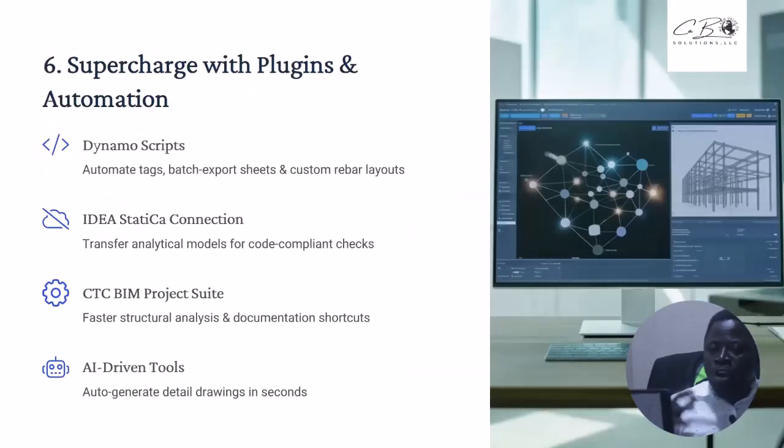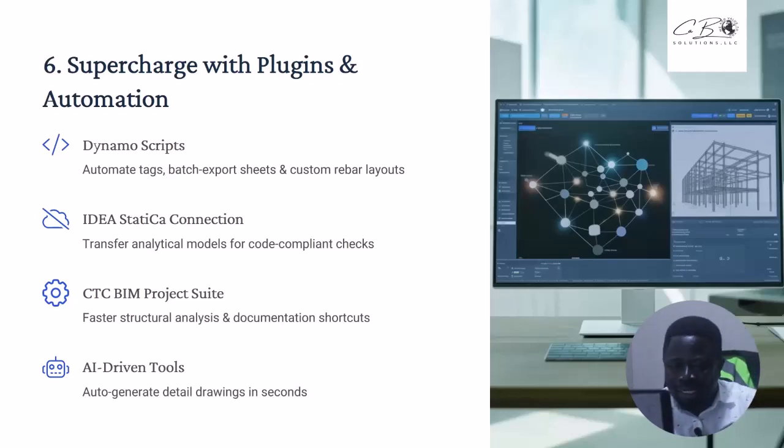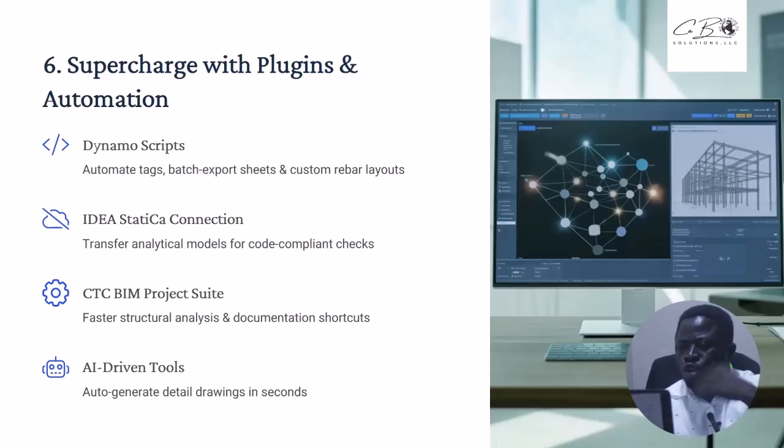Now, not only that, I said that wasn't enough. There are other plugins which, if you install, come into your Revit software, and you will be able to actually automate most of the things.